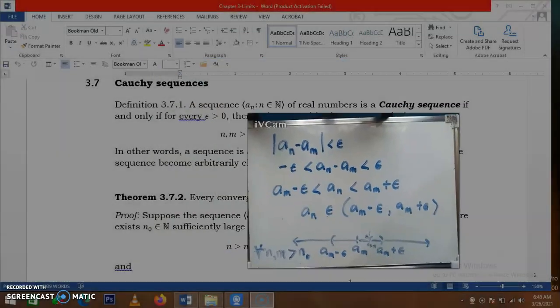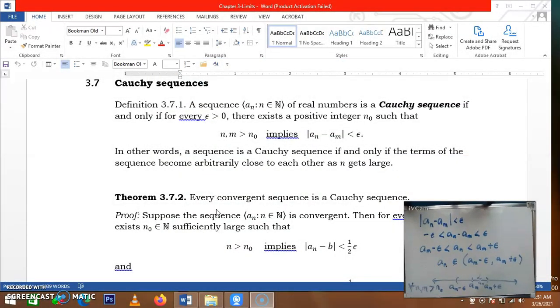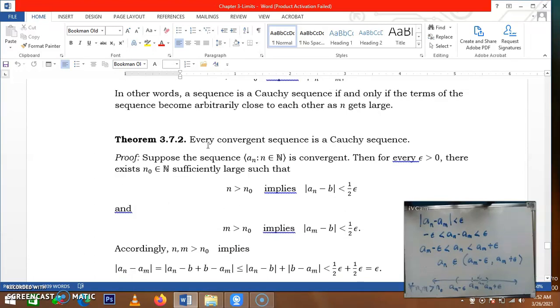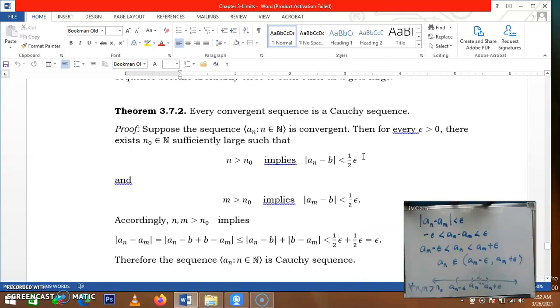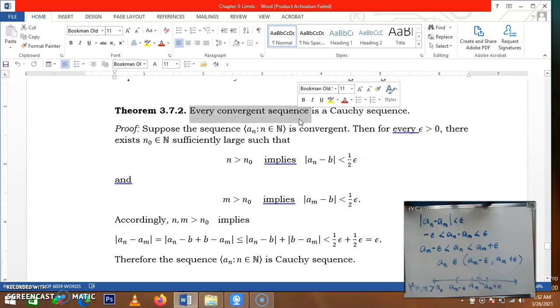Okay, let's have here a theorem that states that every convergent sequence is a Cauchy sequence. To prove this, we suppose that the sequence a sub n is convergent. This is our assumption. It means if a sequence is convergent, then the sequence is Cauchy.